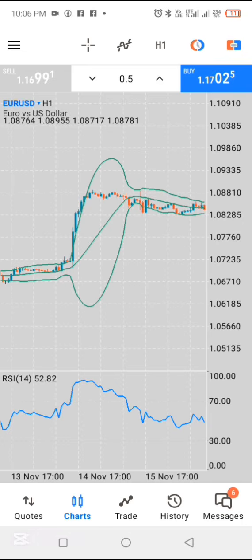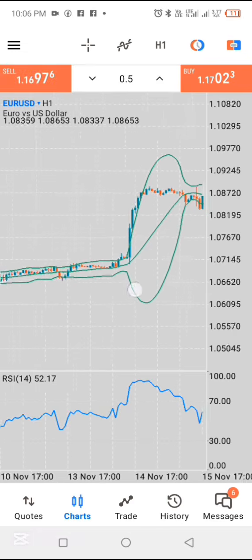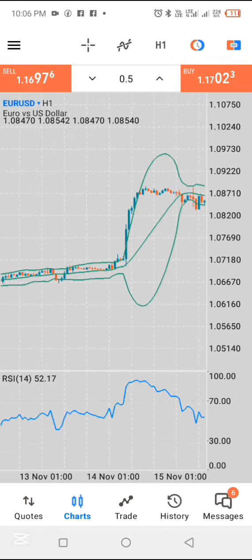If the market is very volatile, that is, moving very fast, you see that the bands separate from each other with a wide difference, just as you can see here.